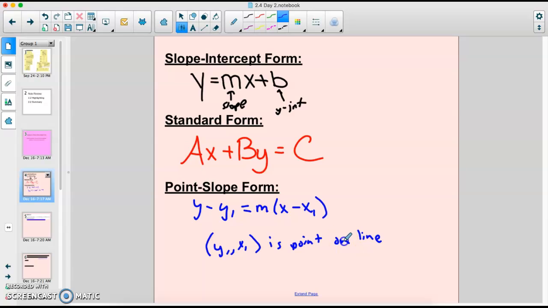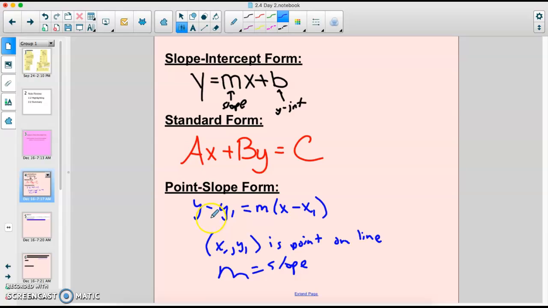Sorry, this is backwards. x1 comma y1. Let's get our point right, huh? x1, y1. There we go. That's a point on the line. m is the same as it was up here. m is the slope.